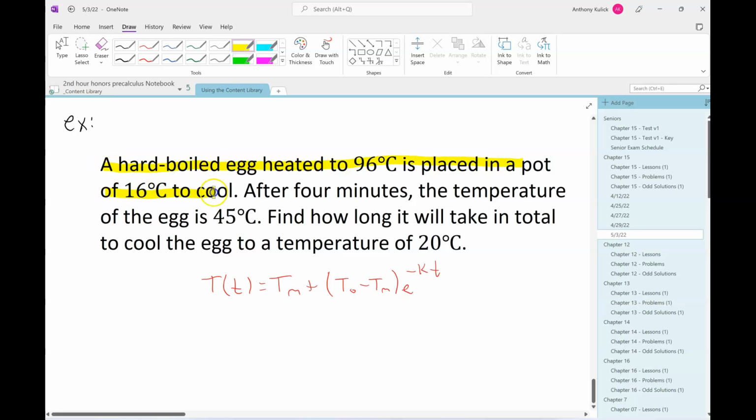The first two sentences of this question are devoted to finding the k, where we're given a specific situation: this is what happened and this was the result. We'll use that to find the k. All right, so the 96, where does that go? What is the 96?